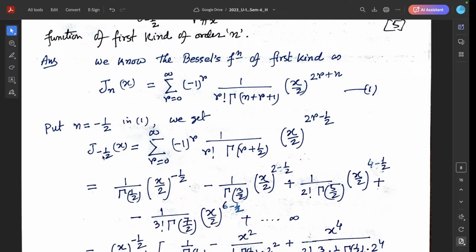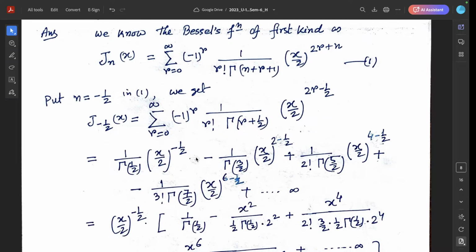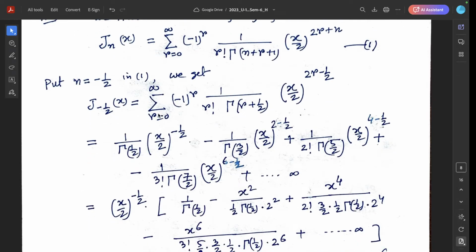So we get J_{-1/2}(x) equal to summation r equal to 0 to infinity, minus 1 to the power r, 1 by r factorial gamma of r plus half, x by 2 whole to the power 2r minus half. So for r equal to 0, we get 1 by gamma half, x by 2 whole to the power minus half.